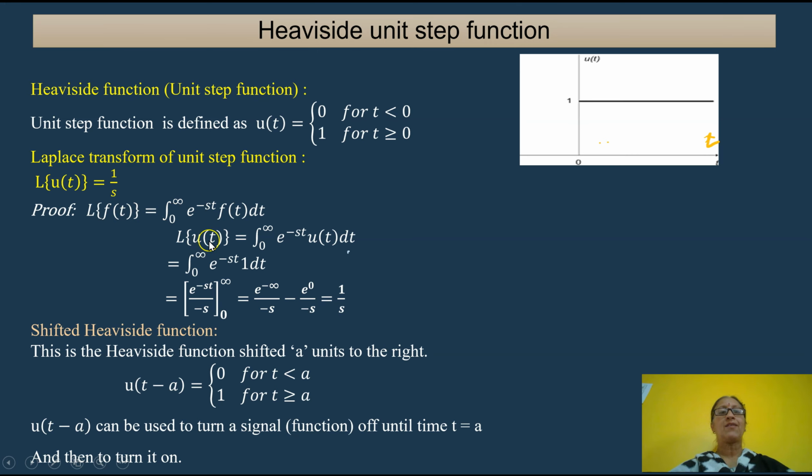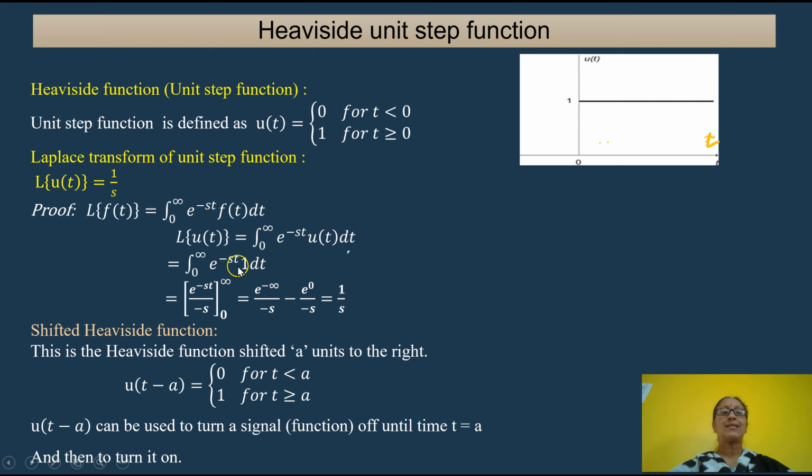Then we get L of u of t equal to integral 0 to infinity e power minus st u of t dt, which is equal to integral 0 to infinity e power minus st into 1 dt, because when t is greater than or equal to 0, that means from 0 to infinity, value of this unit step function is 1. That's why here I have replaced u of t by 1.